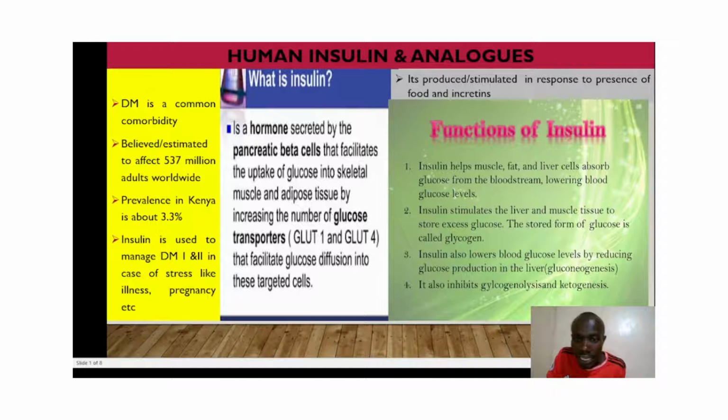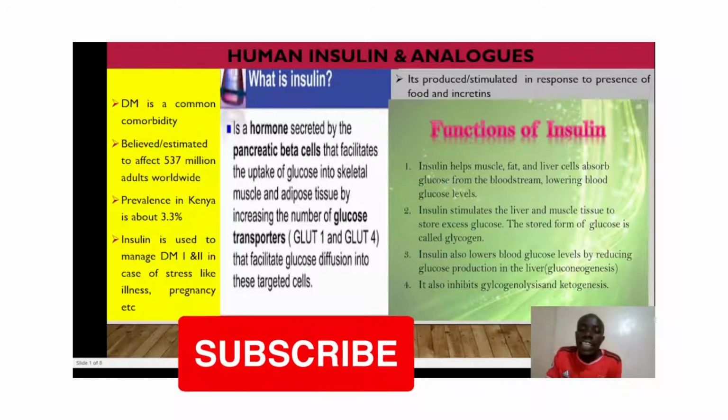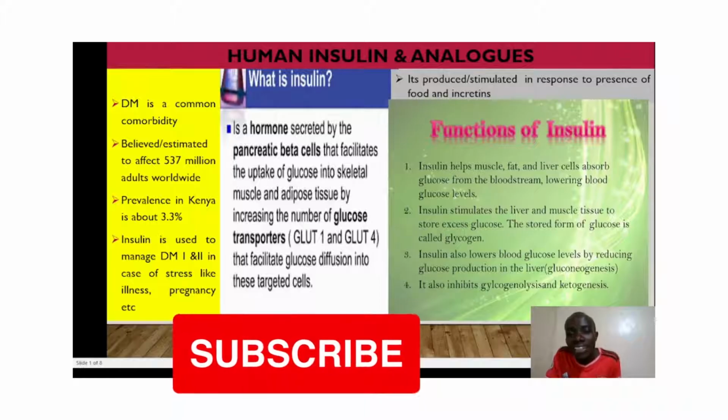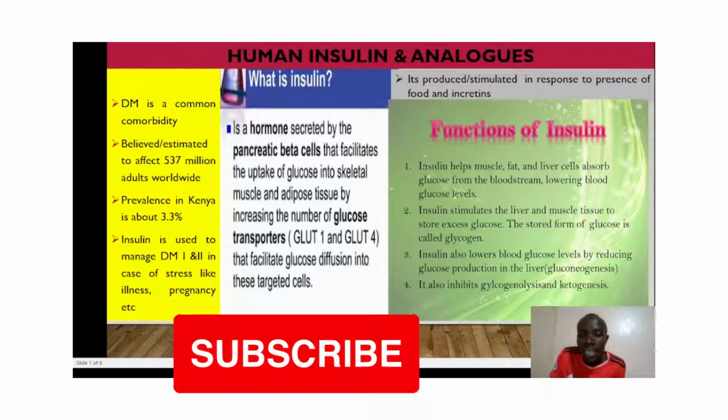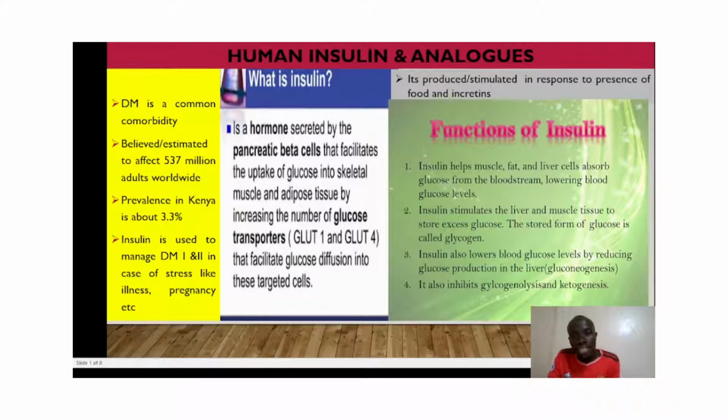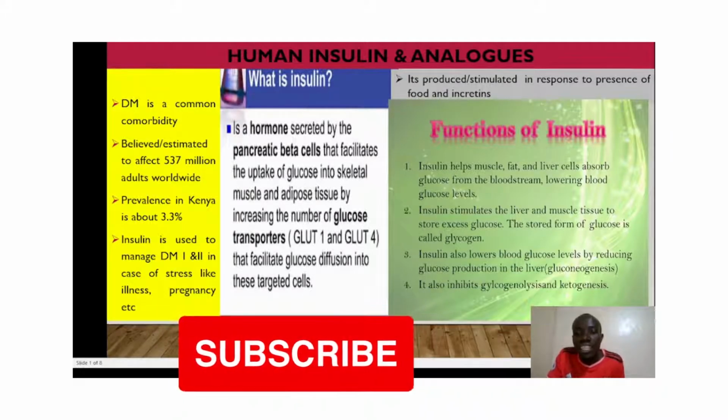So what is insulin? It is a hormone secreted by the pancreatic beta cells of the islets of Langerhans. Insulin normally facilitates the uptake of glucose into skeletal muscles and fat cells by increasing the number of glucose transporters, that is GLUT1 and GLUT4.